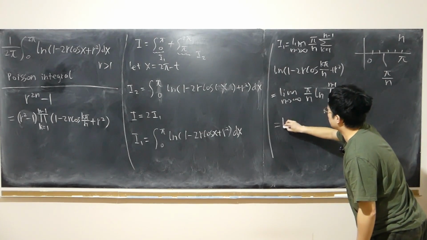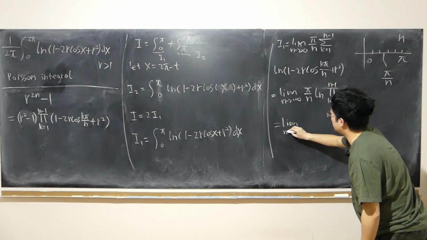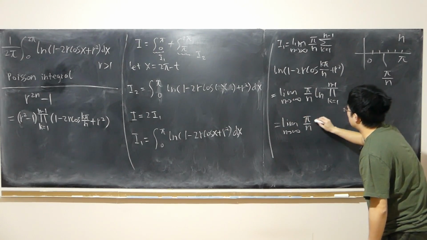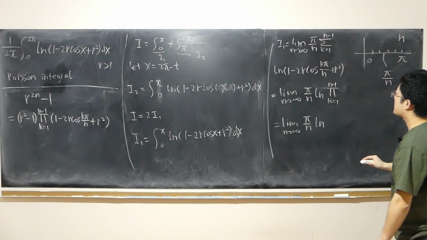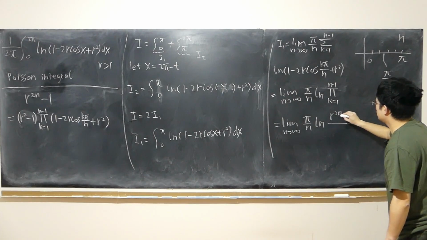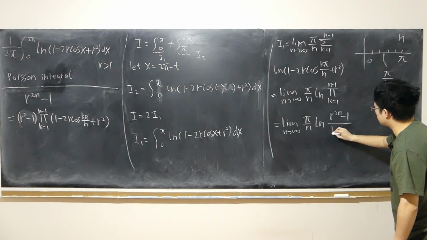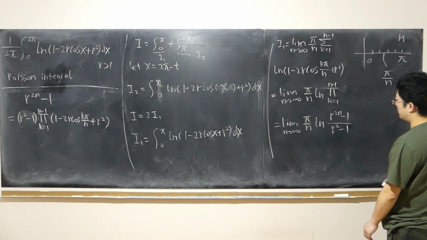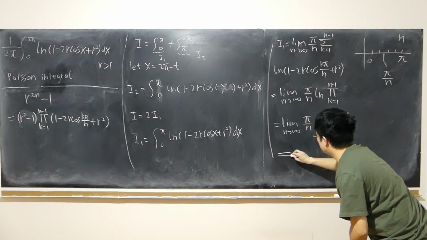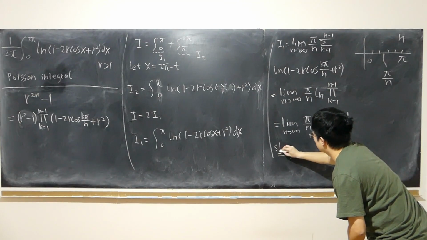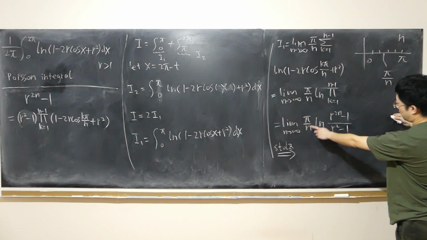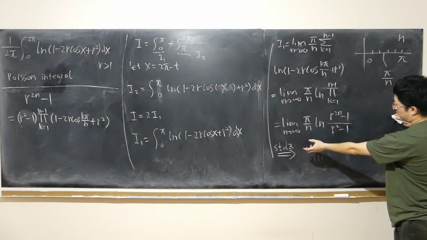So that's equal to the limit as n goes to infinity of pi over n log of (r to the 2n minus 1) over (r squared minus 1). Work out this limit using Stoll's theorem, and we have the n at the bottom as a sequence approaching infinity.